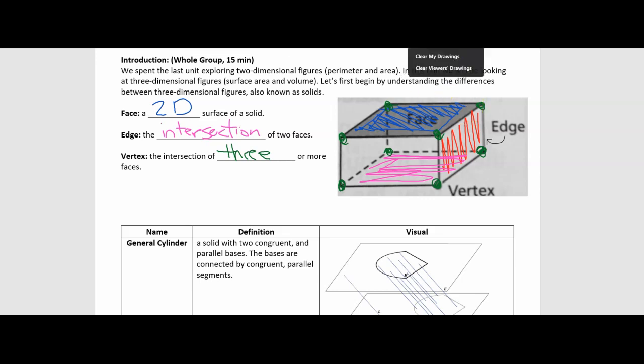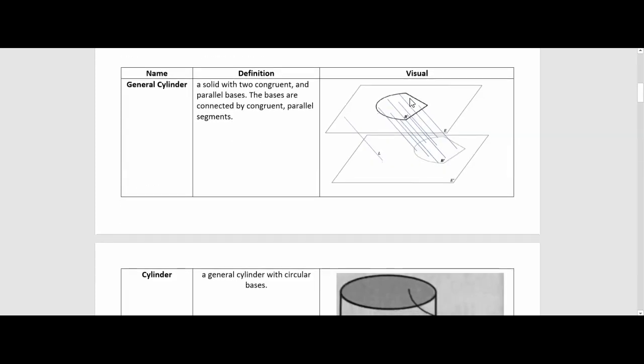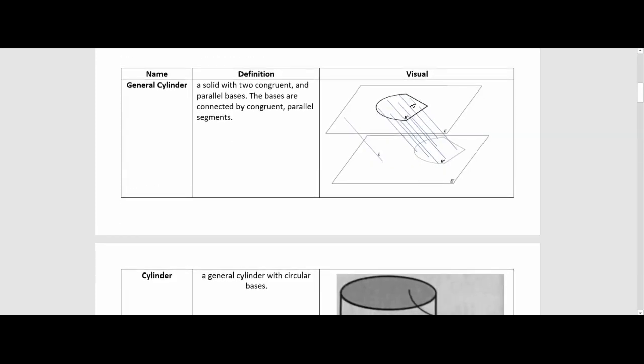All right, let's jump into some of the types of solids we can have. We can have what we call a general cylinder. Now, the cylinders that you're familiar with, the cylinders that you talked about in middle school or a pre-algebra class, you're very familiar with this type of cylinder.